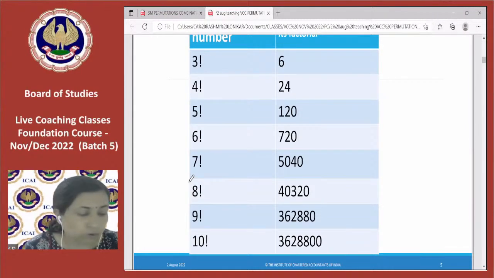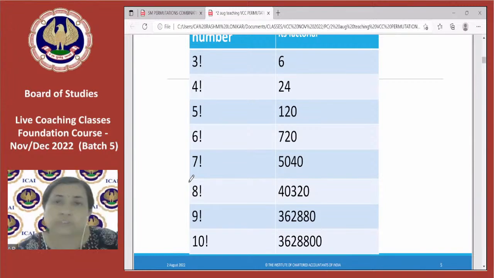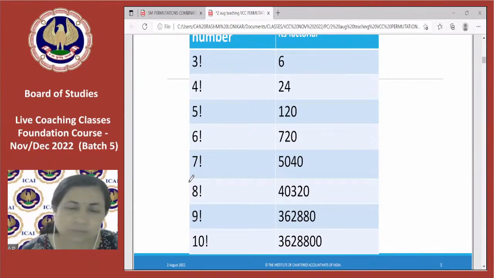These are some of the factorials that we have already found out, and as far as possible, try to remember them so that calculation becomes easier. You don't need up to 9 and 10, but I have still written it, because sometimes they will ask you how much is 10 factorial. So if you already know, it becomes easier.